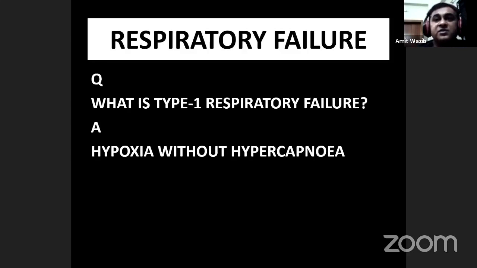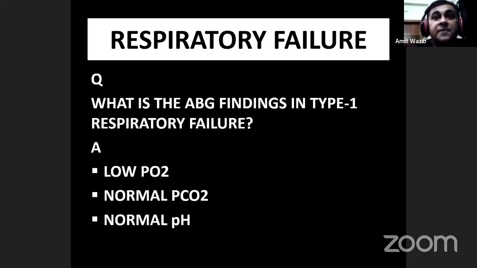So type 1 respiratory failure is caused by conditions... okay, you will be asked. Respiratory failure is usually diagnosed with the help of arterial blood gas analysis. So what are the changes in arterial blood gas in type 1 respiratory failure? I have already said this is hypoxia but no hypercapnia. As there is no hypercapnia, there is no acidosis, so the pH will be normal.